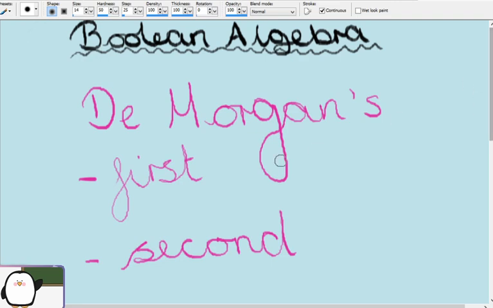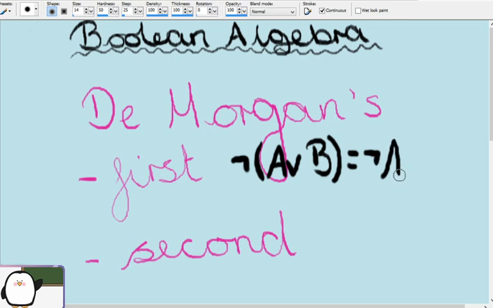So De Morgan's first law is not (A or B) becomes not A and not B, because this not affects the A to get not A, it affects the or to turn it into an and, then it affects the B to create not B. Then we just have De Morgan's second law, which is almost the same but not quite.